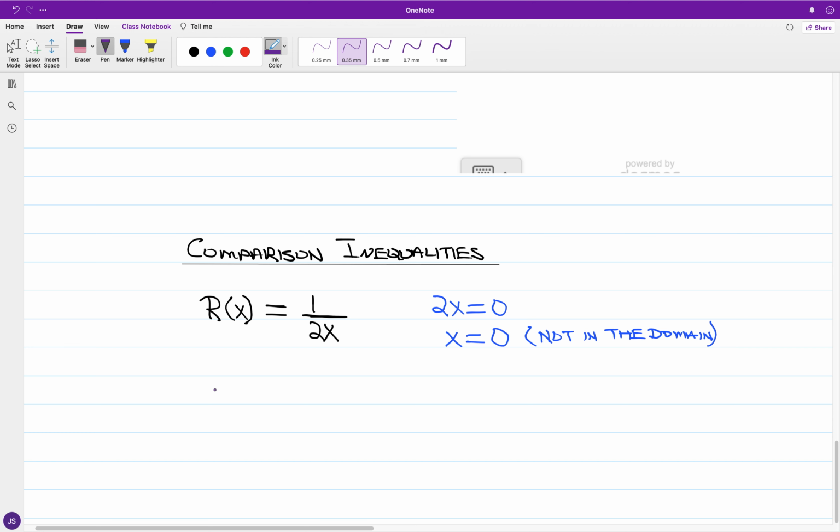Just kind of repeating, you have r of x is equal to 1/2x. And again, the only zero is 0, and again, we have NITD, not in the domain.